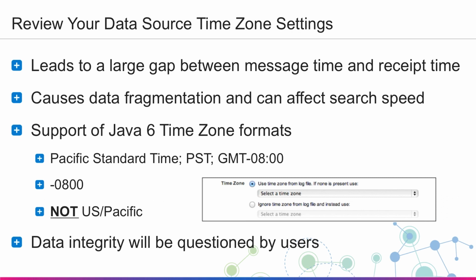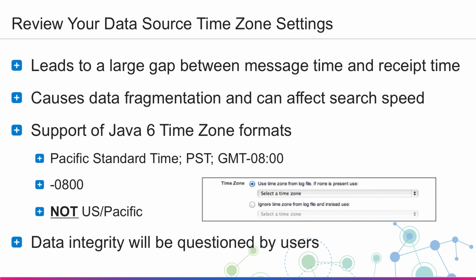And this large gap between message time and receipt time actually causes what we call data fragmentation, which ultimately can affect your search speed because we're trying to find data across disparate sets of indices. And it takes a little longer to process it when the message time and the receipt time for a particular message is shown to have a large gap.